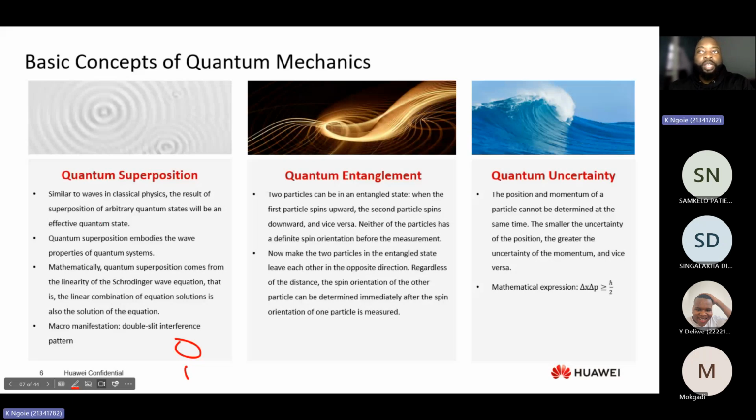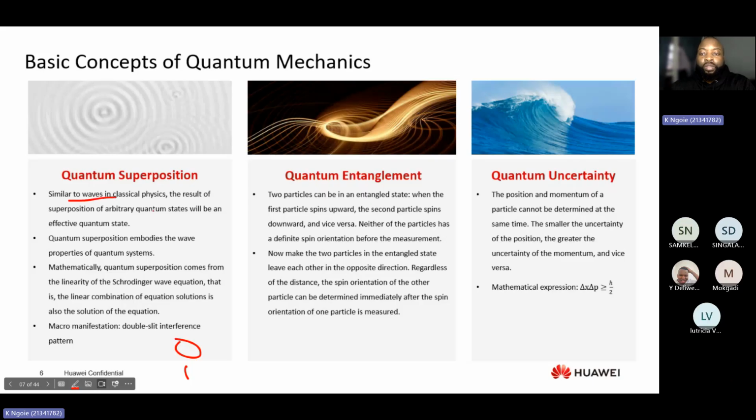So basically, similar to waves in classical physics, the result of superposition is a state that will be a quantum state. What does it mean? It means that we're going to have the wave properties and the quantum system.